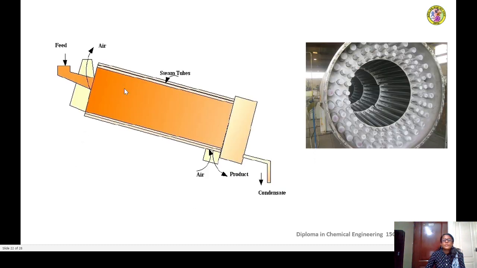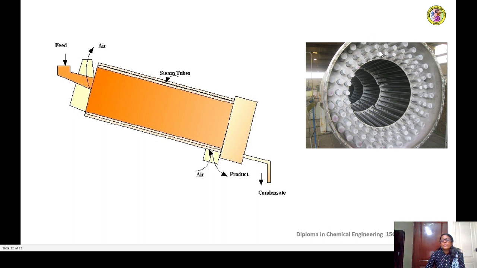So this is another picture showing you the operation of an indirect heat rotary dryer. Feed enters here, flows in this direction. Then air enters here, flows in the upward direction. The air goes out from here, the product from this side.